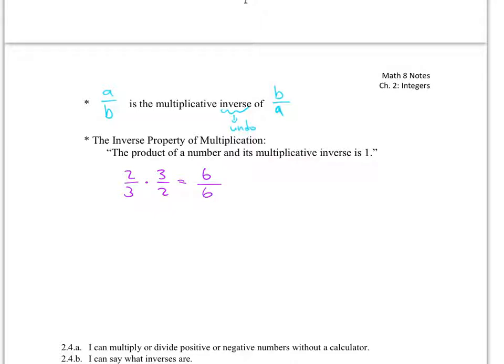And 3 times 2 gives me 6. Anytime you have the same number over top of itself, it's always 1. Try another one. 4 over 1 times, flip it over, 1 over 4 equals 4 over 4, which equals 1. So the inverse property of multiplication always is going to give you an answer of 1.